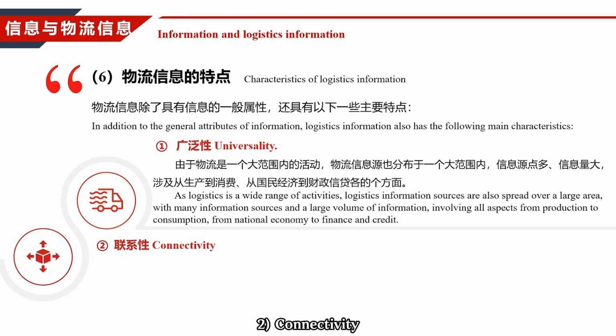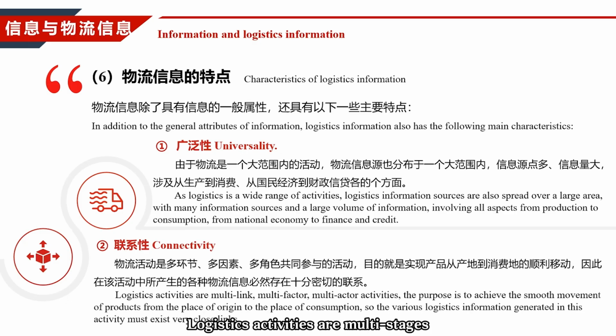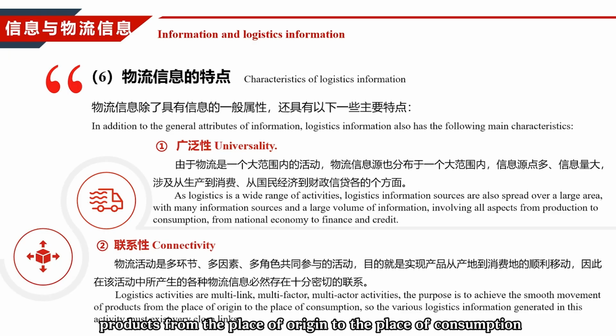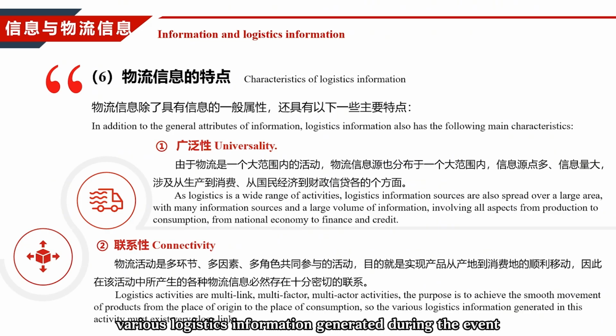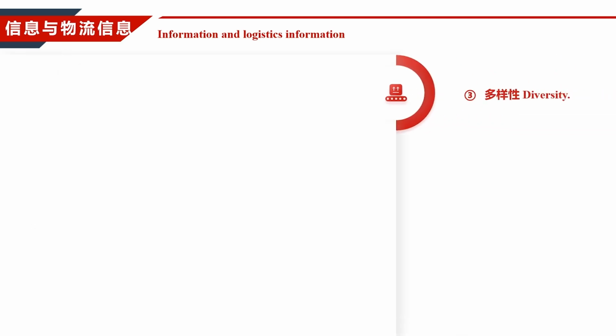2. Connectivity. Logistics activities are multi-staged, involving multiple factors and roles. The goal is to ensure the smooth transportation of products from the place of origin to the place of consumption. Therefore, various logistics information generated during the event must have a very close connection. 3. Diversity.